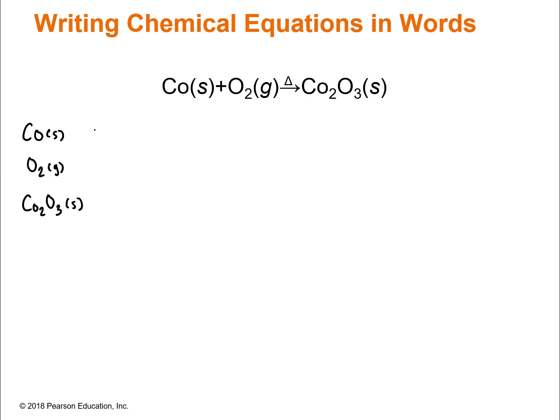So when you see something on its own, a metal on its own like this, you can just say cobalt metal, sodium metal, whatever metal it is. O2, that's our oxygen. And that G in parentheses means that it's a gas.